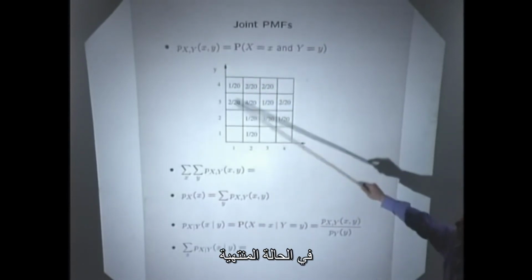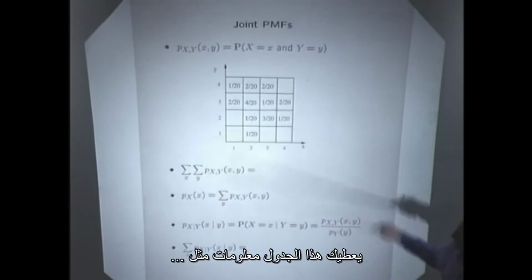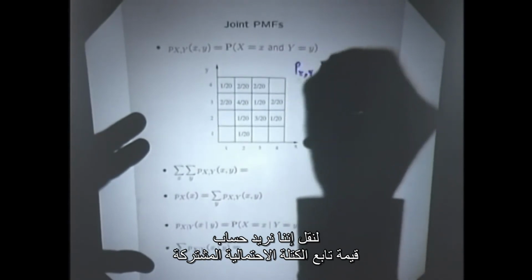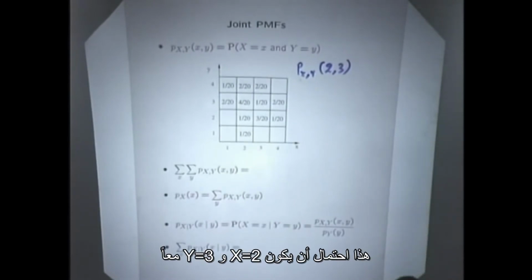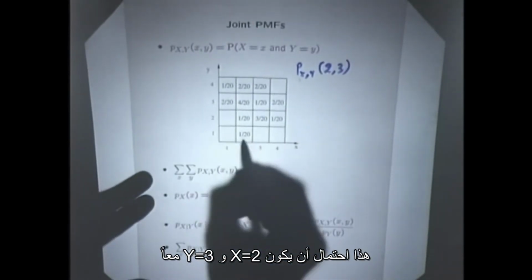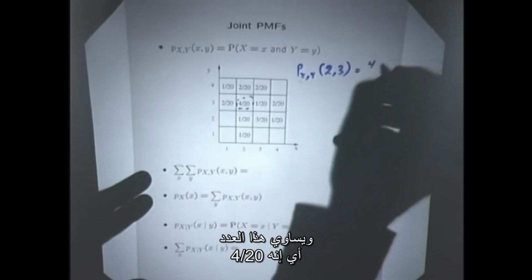In a finite case, you can represent joint PMFs, for example, by a table. This particular table would give you information such as, let's say, the joint PMF evaluated at 2, 3. This is the probability that x is equal to 2 and simultaneously y is equal to 3, so it would be that number here, 4/20.